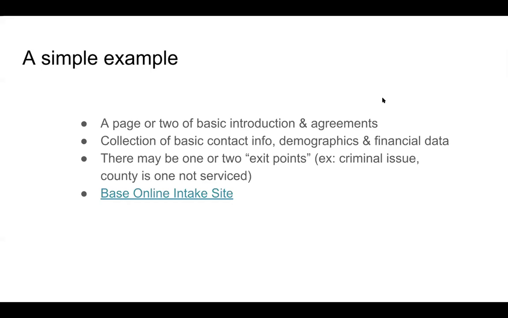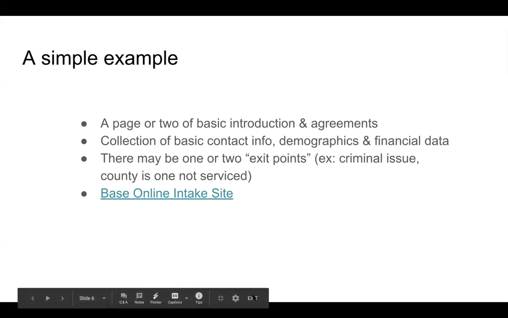So any agreements you might want, you can have up front. And then, of course, collection of things like basic contact info, demographics, financial data, maybe one or two exit points. So if they say they have a criminal issue or they're in a county that you're not able to service, you could send them to one of those exit pages. So that is going to be our first example.